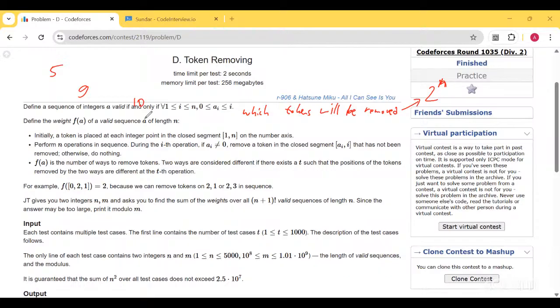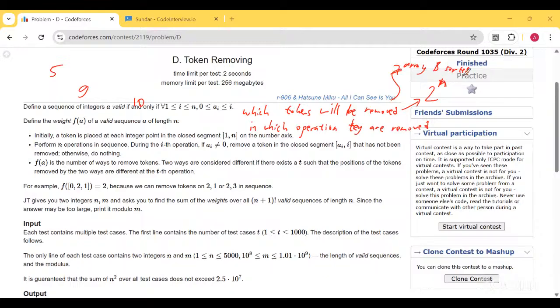After that, we want to think about in which operations they are removed. For example, the tokens to be removed form array P, and it is sorted.